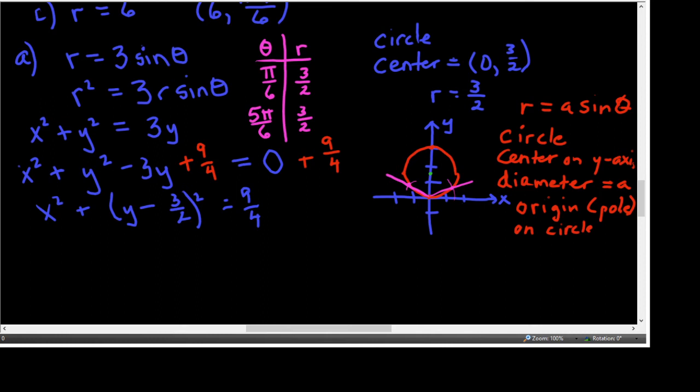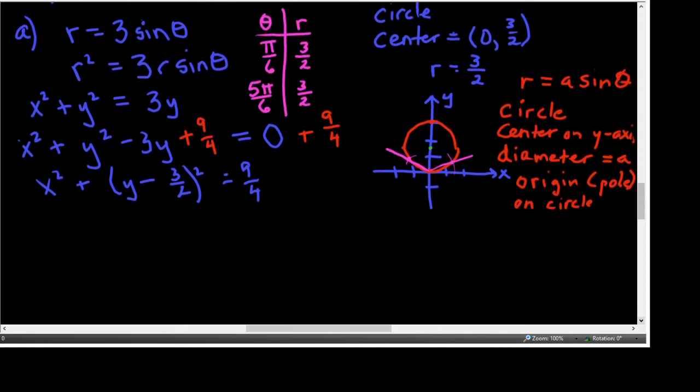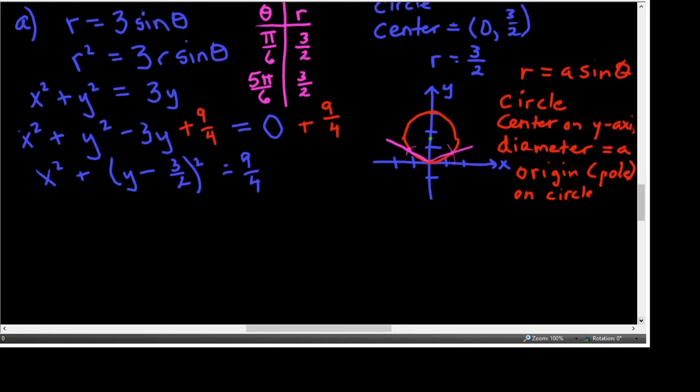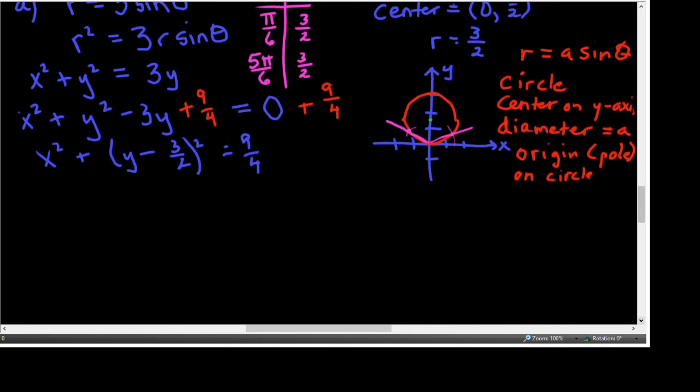Now, I'm kind of going beyond the scope of this one question, but I think this is worth talking about. If you had an equation of the form r equals a cosine theta, a whole lot of what we just talked about is going to be true. This graph will be a circle, for sure.